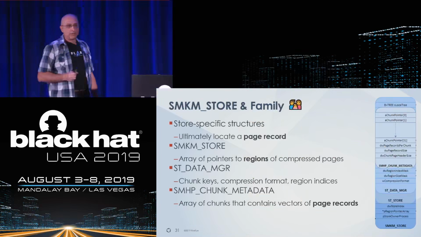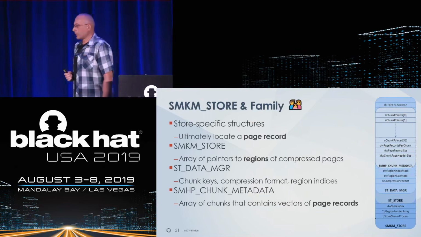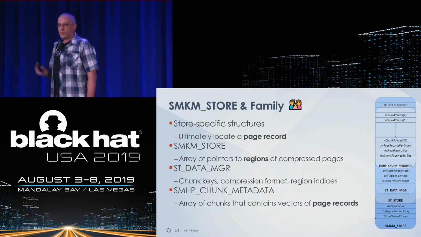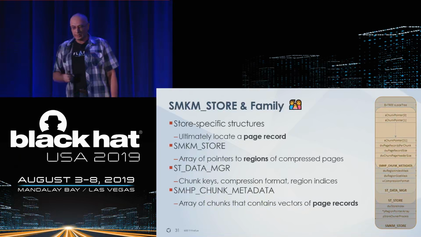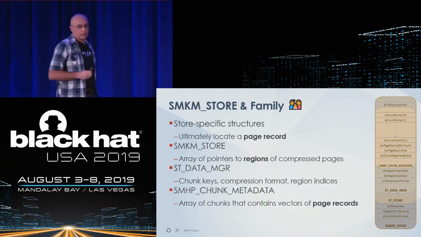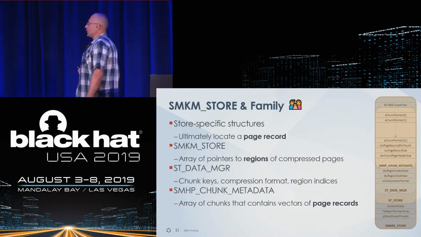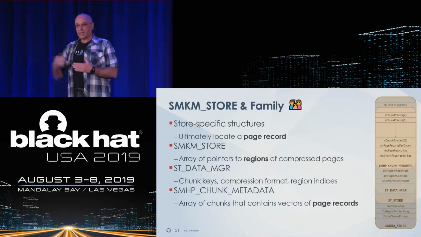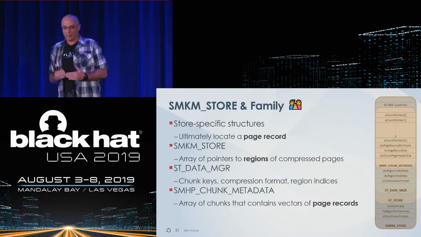Now, as we have the store selected, let's look at the structures that implement it. There are three major components of the store. The first component is the topmost structure called SMKM store. The most important element in the structure is a pointer to an array of pointers to regions of memory inside the mem compression process.